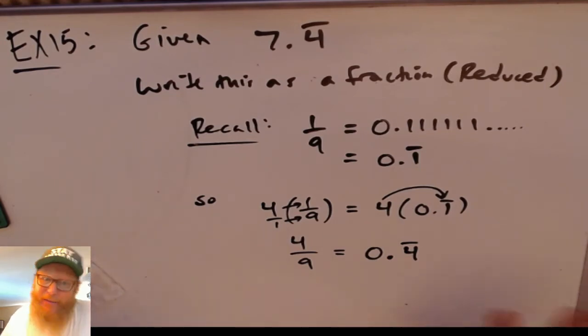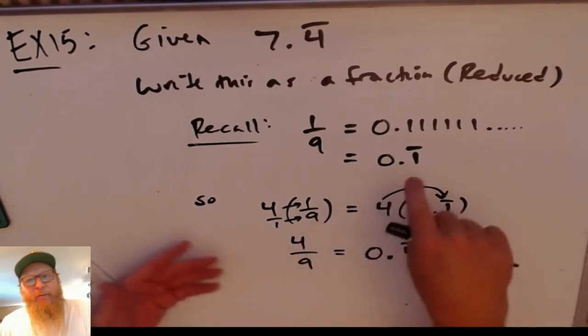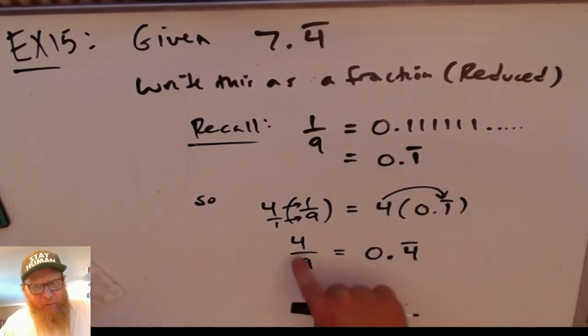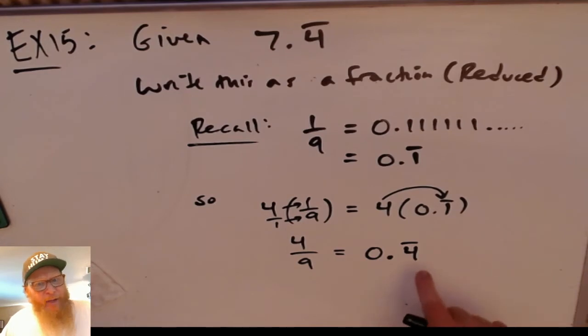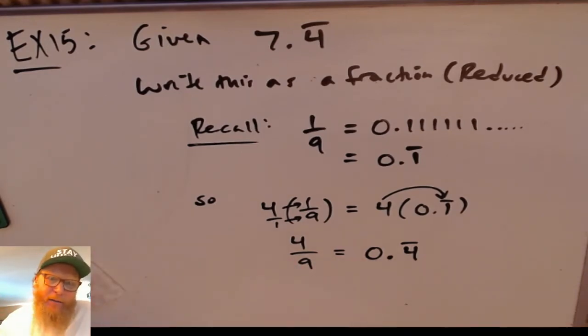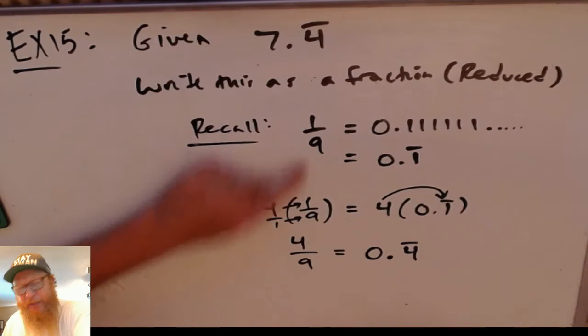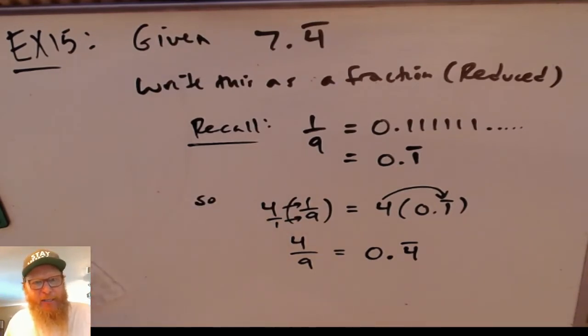But 3/9 is the same as 1/3. Repeating 4s, that's 4/9. Repeating 5s, that's 5/9. So you might as well just memorize that. Repeating 6s, that's 6/9. So that's a quick way of building your repeating digits using a denominator of 9.